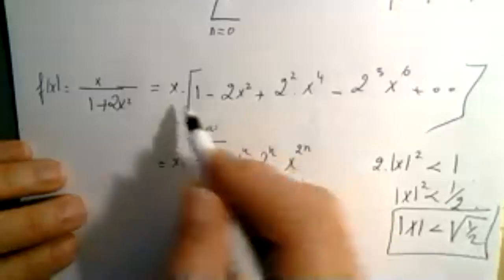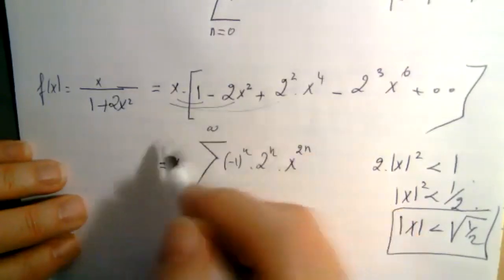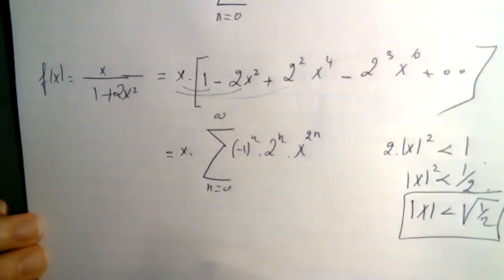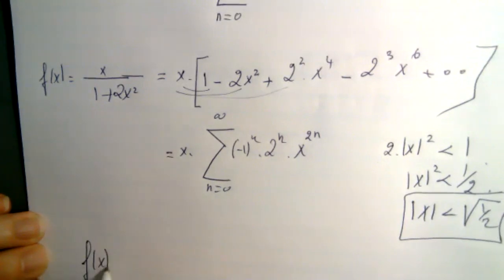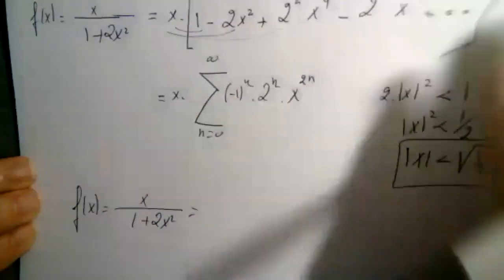Now my final step is I'm going to distribute and finalize the problem. So finally my function f of x, it means x over 1 plus 2x squared, could be written as follows.